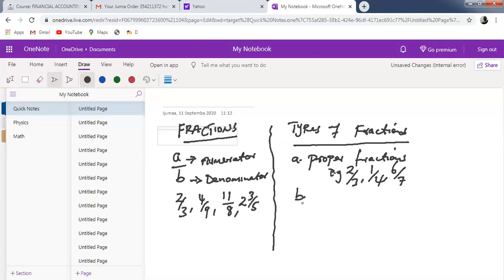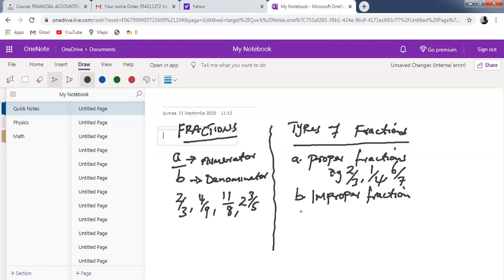Another type or category of fraction is what we call the improper fraction. The improper fraction is a fraction whose numerator is bigger than the denominator. The numerator, or the value of a, is bigger than the value of the denominator.